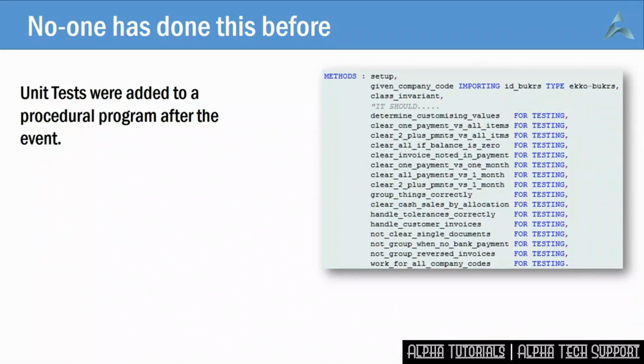I started by adding tests to an existing procedural program that I was 80% of the way through writing. This example was a procedural program to look up customer open items and make a proposal of how to clear them, a sort of souped-up version of transaction F-32. The test class, of course, has to be object-oriented, but the program being tested was 100% procedural.